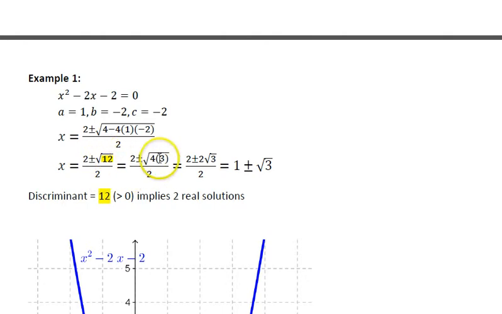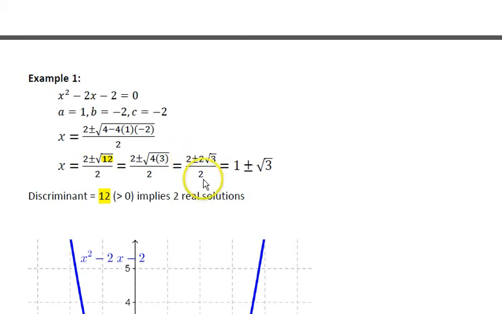12, however, has a perfect square in it, 4, so that's 4 times 3. And we're taking square roots. The square root of 4 comes out as a 2. We end up with 2 plus or minus 2 times the square root of 3, over 2. We have what's called a cancel triangle here. The 2's form a little triangle, and you can cancel.